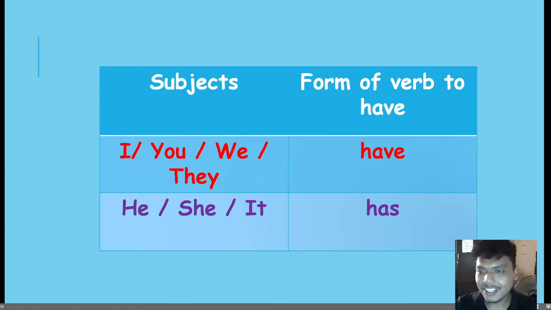Okay, very good job. And look at this together, everybody. I, you, we, they, in the red letter. Form of the verb to have: I, you, we, they, we use have.